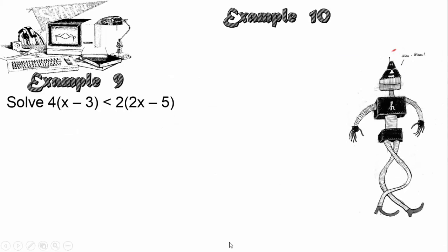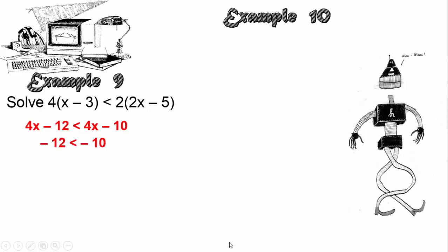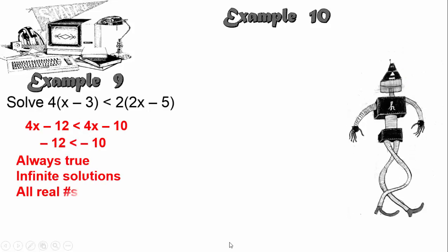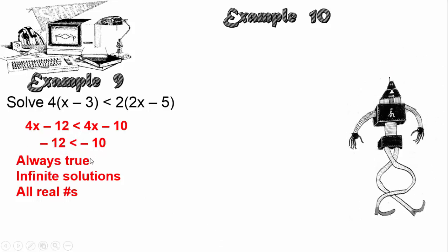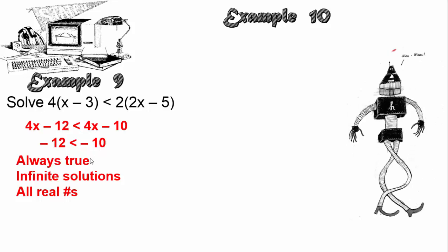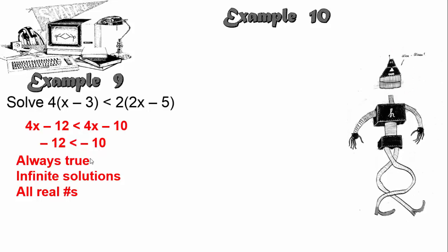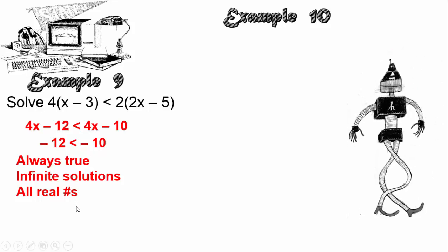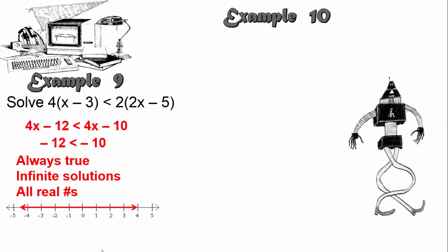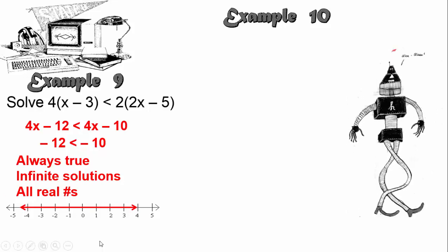Reviewing what we did on the whiteboard, we found that when we tried to solve this inequality, negative 12 is less than negative 10, and this is always true, and that means this is true for all real numbers. So in this case, when we graph it, we can just fill in the number line with the arrows going in both positive and negative infinity for all numbers.